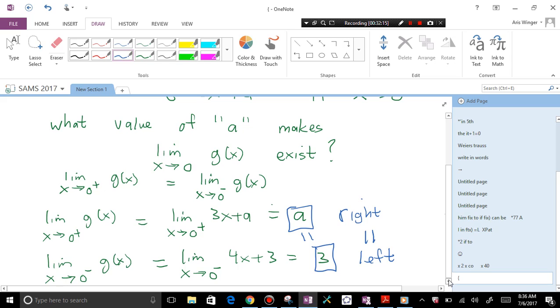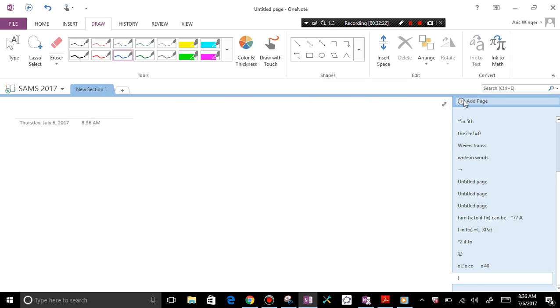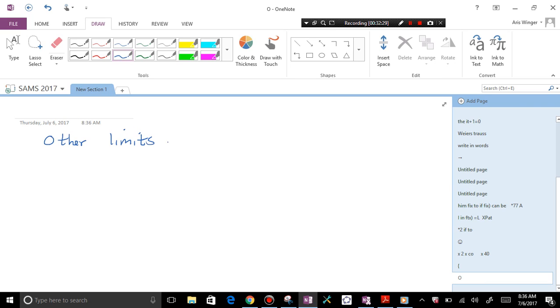Technicalities about these other limits. There are all sorts of funky ways of talking about limits. We got to talk about other limits. So these are infinite limits. And so when we say the limit as x goes to a of f of x is equal to infinity, what does that mean?